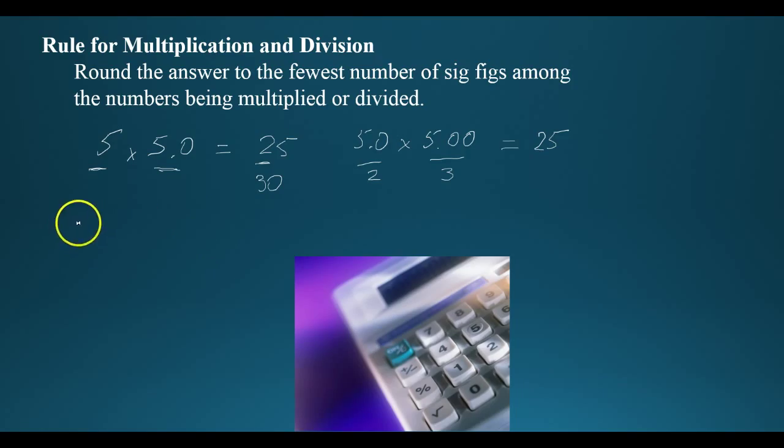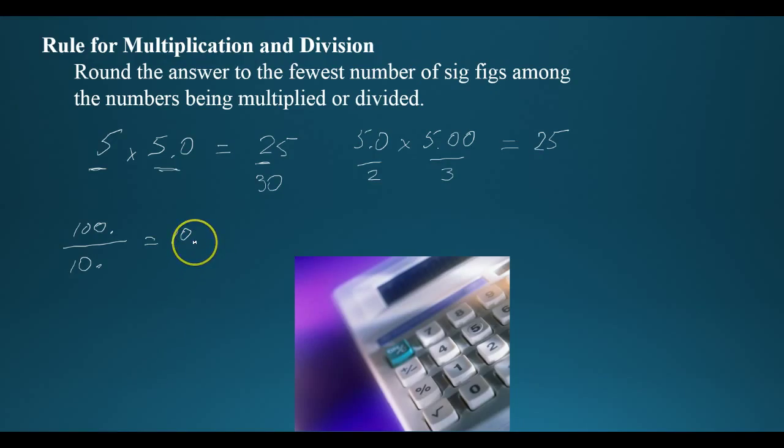Let's take a look at this one. We have 100 with a decimal point divided by 10 with the decimal point. So 100 with that decimal point is, think about it, how many sig figs? Yep, 3 significant figures, and 10 with the decimal point is 2. So 100 divided by 10 is 10, but you have to make sure that you have 2 significant figures.